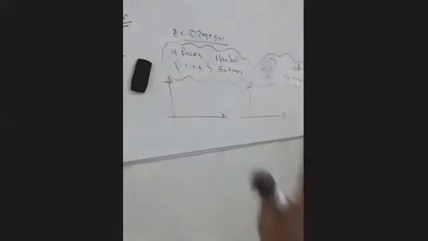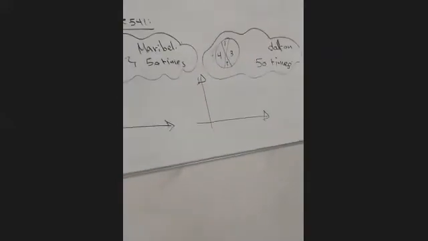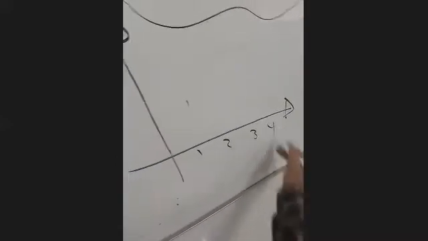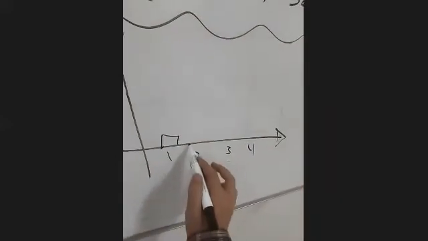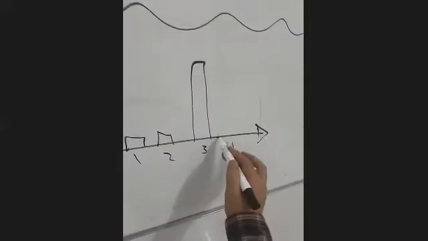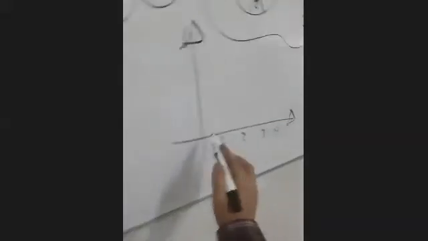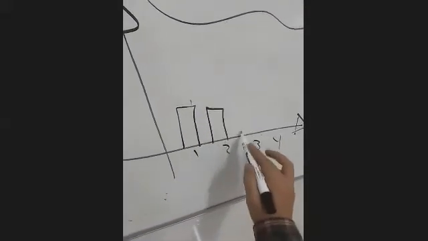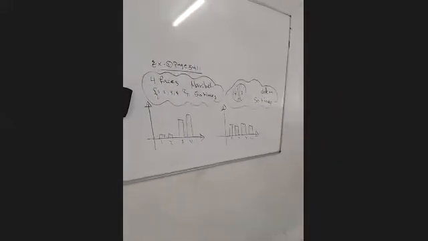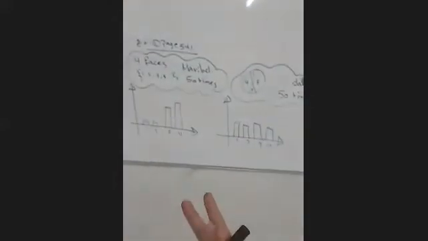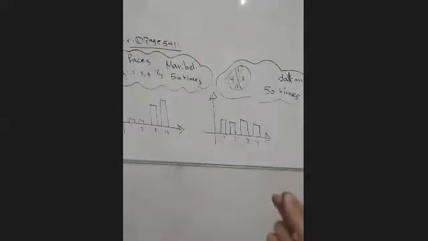I will graph the 2 figures down here, with 1, 2, 3, 4 on each. My question is, which one of them is for Maribel and which one of them is for Dalton, and why?